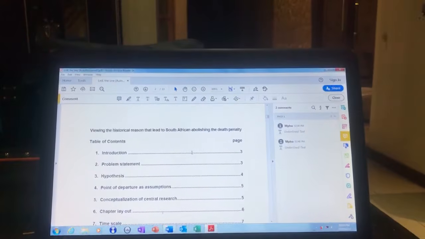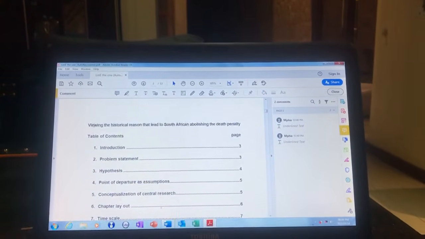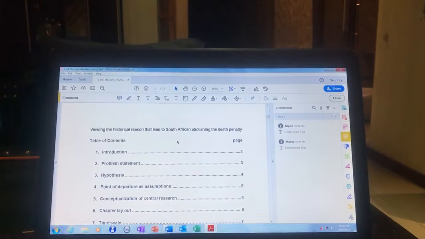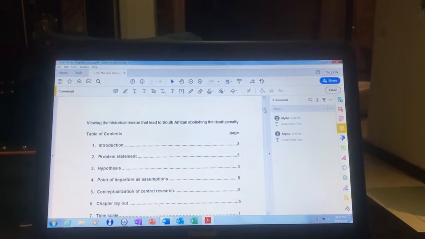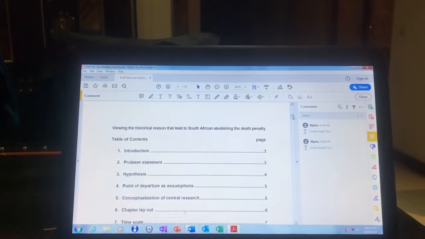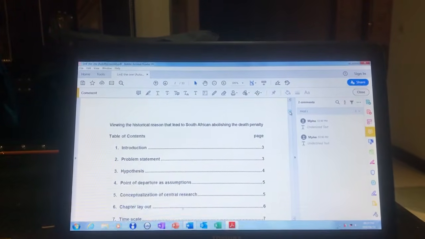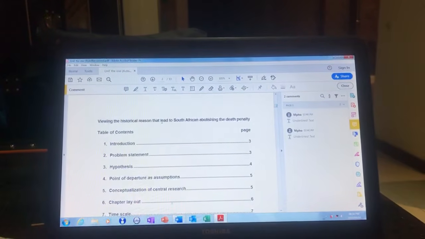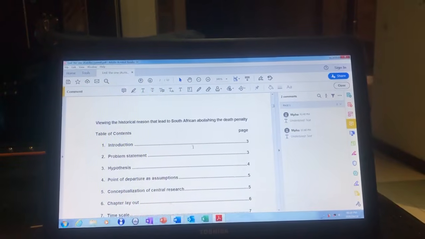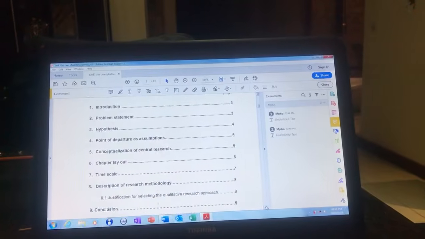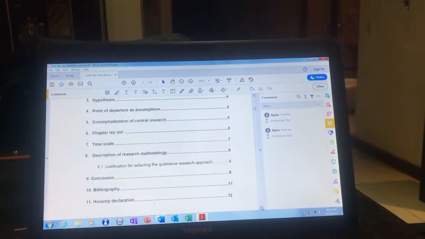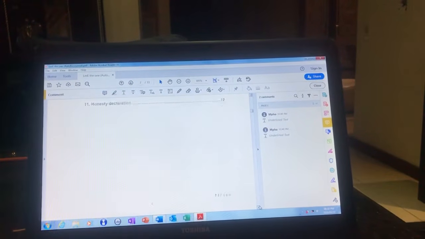The title that I'm talking about is the one on top, viewing the historical reason that led to South African abolishment of the death penalty. Kindly make sure that your table of contents and pages are aligned together. As you can see with mine here, everything is straightforward.